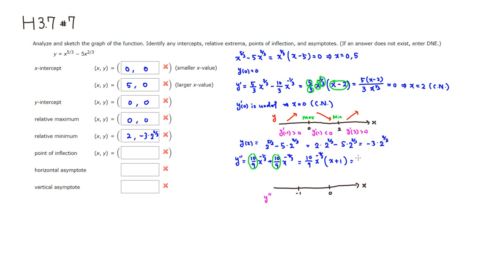This is actually 10 over 9 times x plus 1 over x to the 4/3 power. If you set it equal to 0, the only number you get is x equals negative 1. But since y double prime is undefined at 0, like before, we're going to put that number there too.